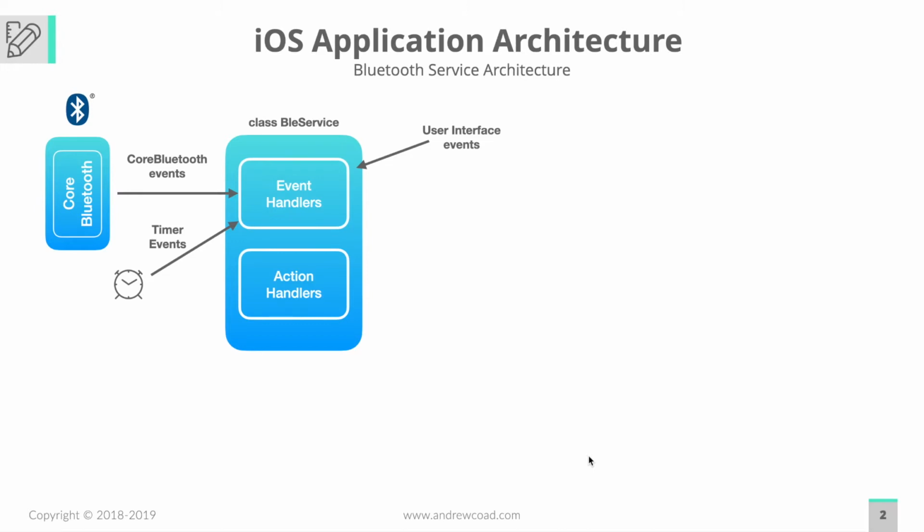There are events originating in Core Bluetooth and in timers. The event handlers, a collection of API functions and callbacks, in turn initiate some action by invoking an action handler. The action handlers perform whatever task is assigned to them, but typically it will involve making Core Bluetooth API calls and/or starting and stopping timers.